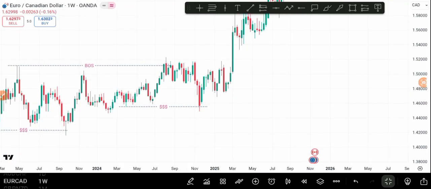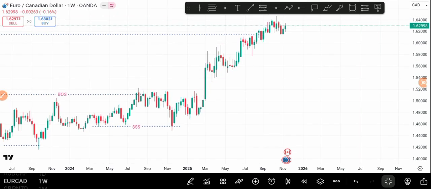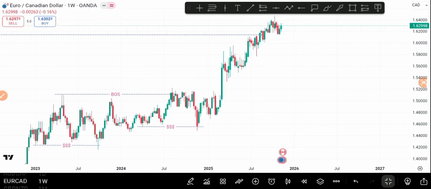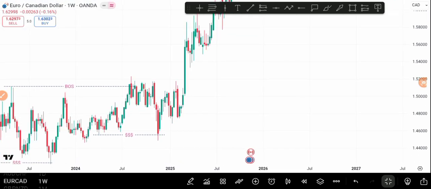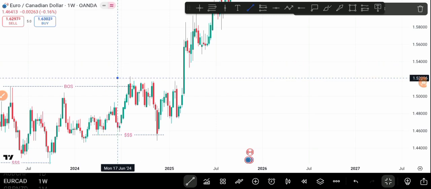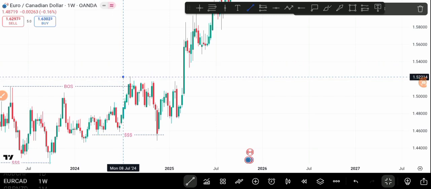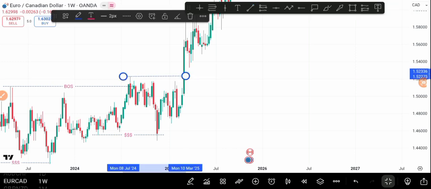I'm just saying, but let's continue. And then what happened? Inside this, it broke structure, meaning this is a valid break of structure to the upside. A very valid break of structure to the upside here.